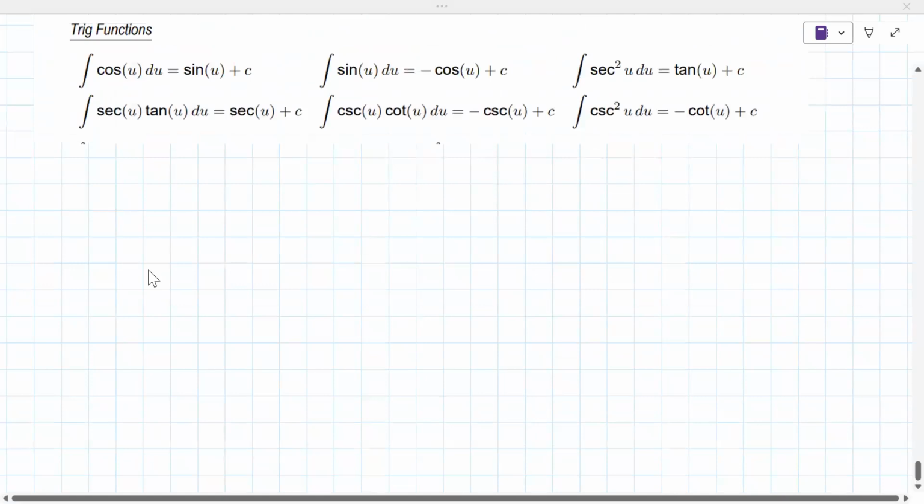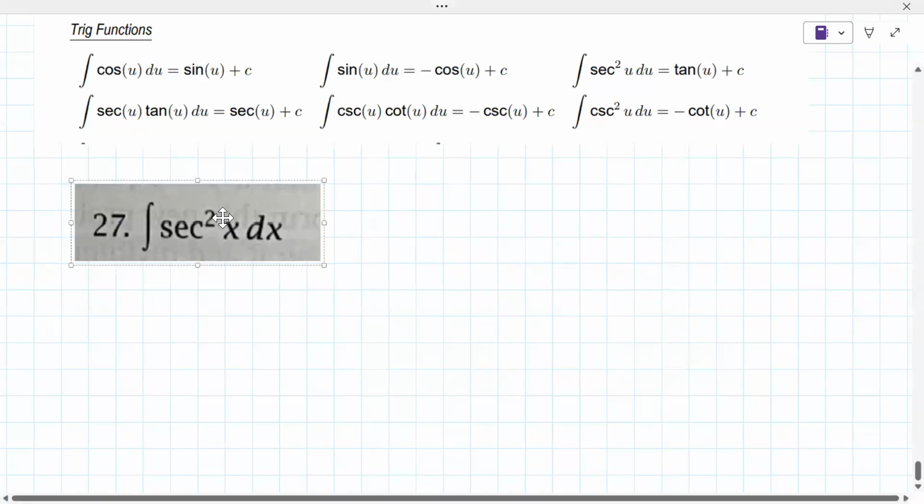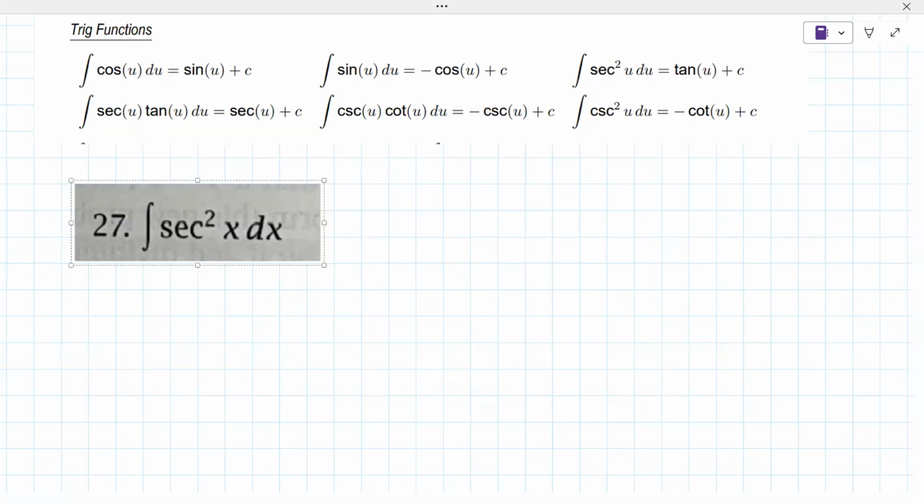It's a common test or quiz question that looks really hard, but it's actually not. It's right there. Okay. So it's literally just tangent x plus c. Yes. Okay.